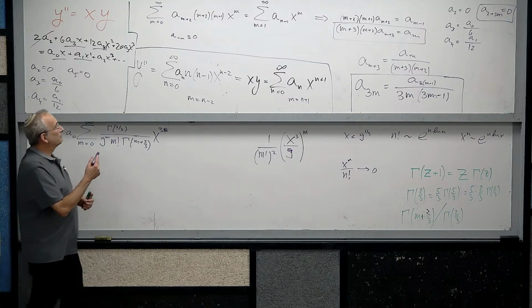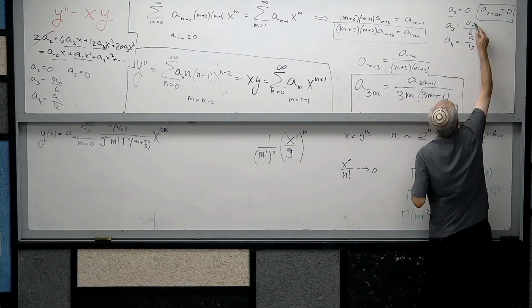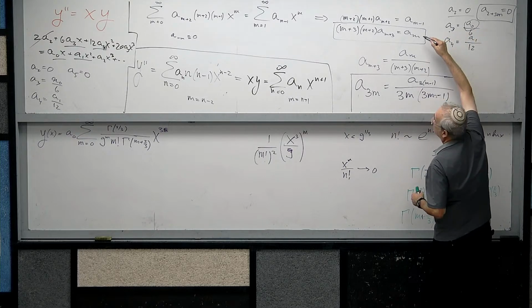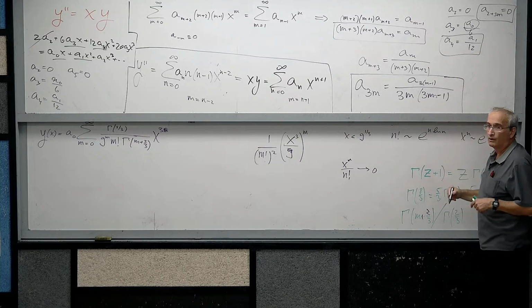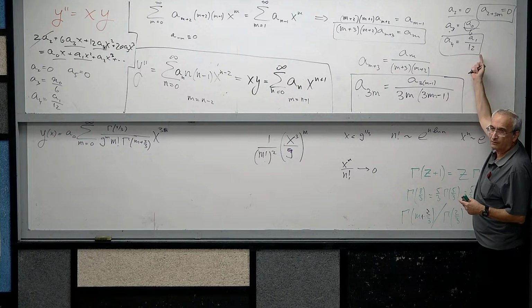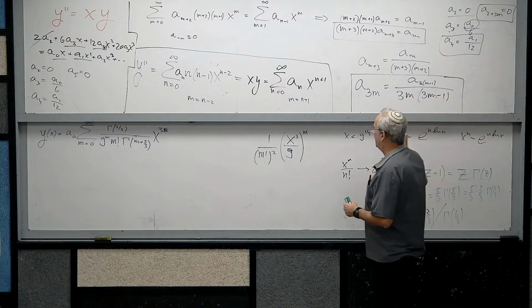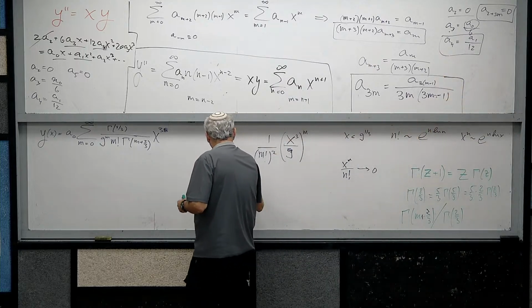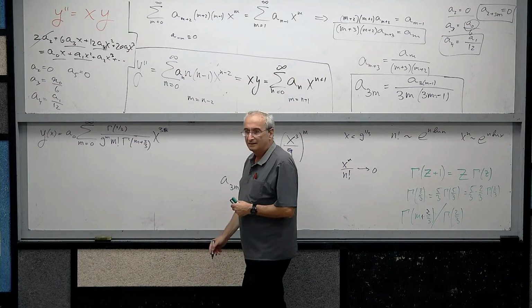I remind you that we have A0, and this starts with A3, A6, blah, blah, blah, but we have another branch, this one. A1 is arbitrary, and from A1 we can calculate A4, and from A4 we can calculate A7, and so on, right? So there is another branch, which is A3m plus 1, right?